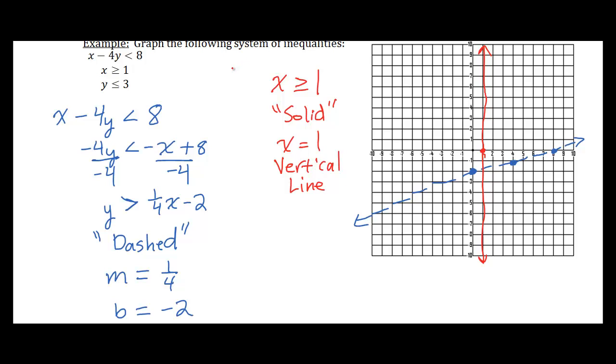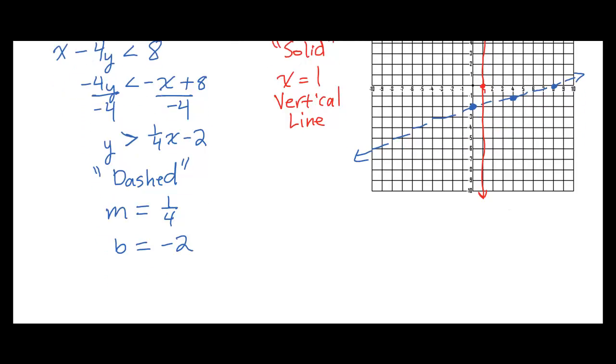What I'm going to do so that I won't get confused here is go ahead and do test points for these two right here. My test point for my blue line, it doesn't go through the origin, so I'm going to use 0, 0. Had it gone through the origin, I'd just pick another point.